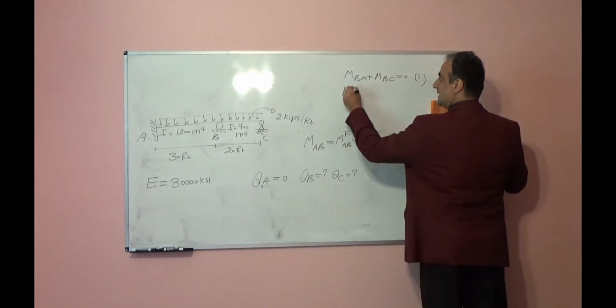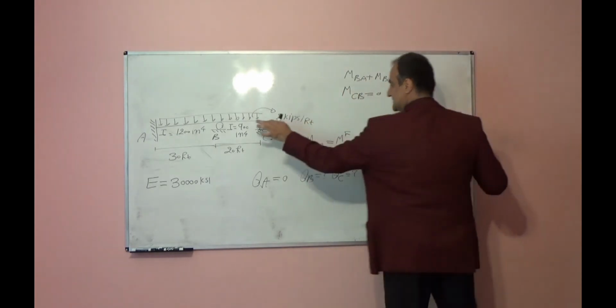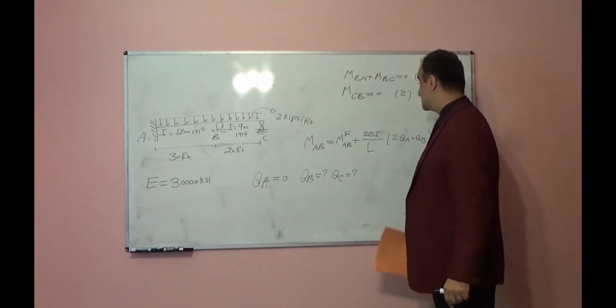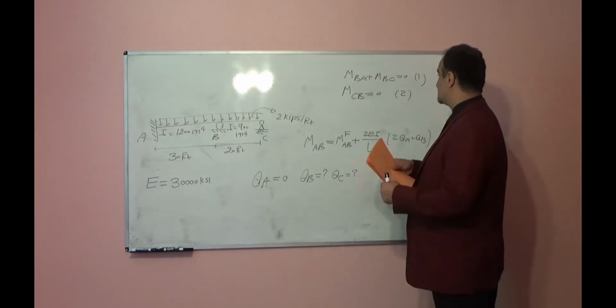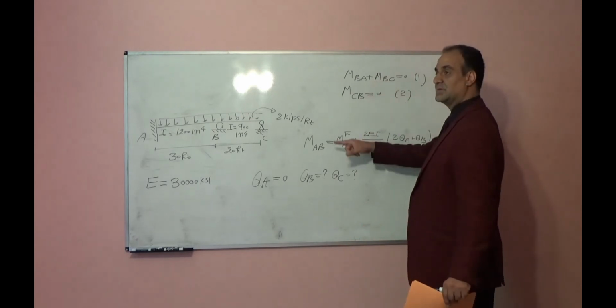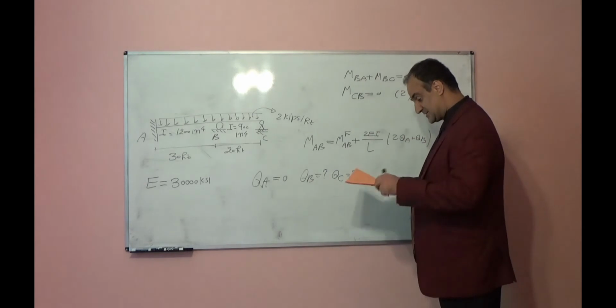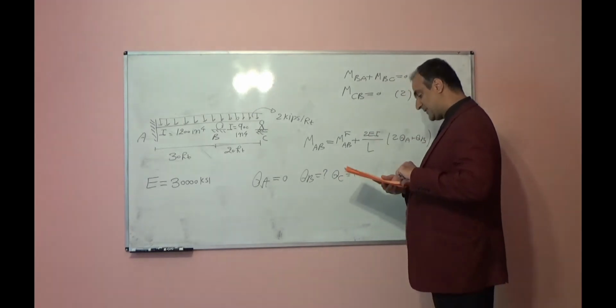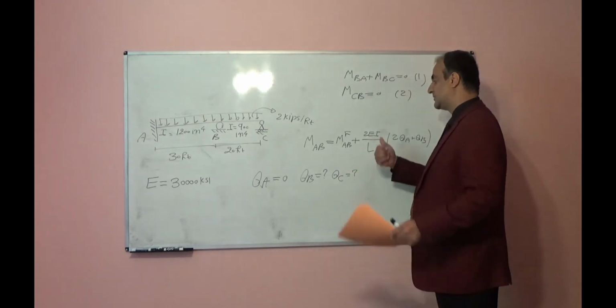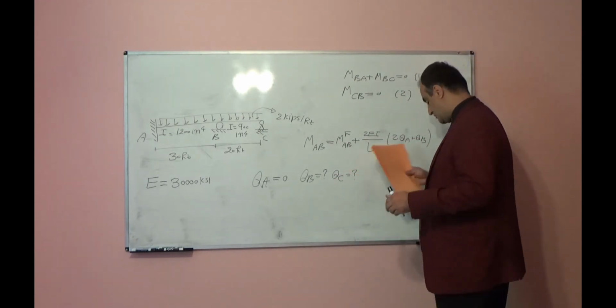Another one, MCB, should be equal to 0, because this is a hinge and the moment at a hinge is always equal to 0. So you plug the 2 equations in terms of the slope deflection equations. The 2 unknowns, theta B and theta C, you will find. After finding theta B and theta C, you will plug into the slope deflection equations, so you will find the moments.